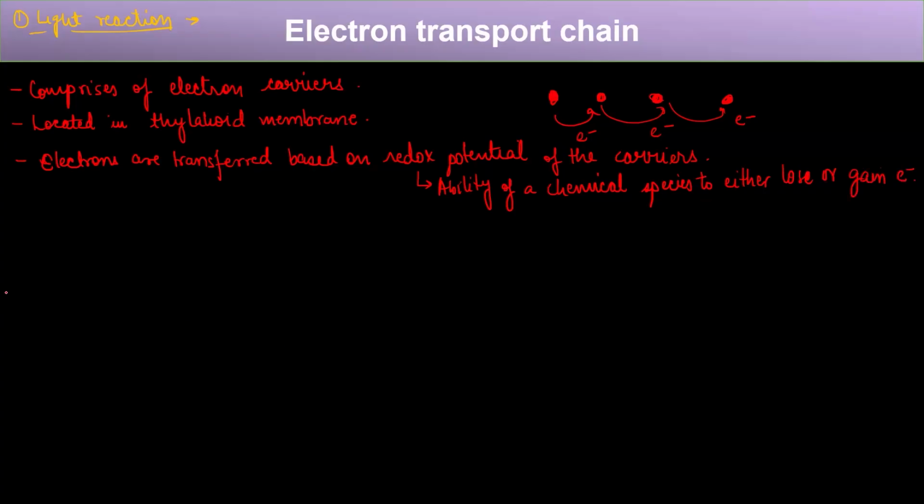Which means if a chemical species has high redox potential, and by chemical species I mean chemical compounds, like cytochrome that we'll see, then what does high redox potential mean?